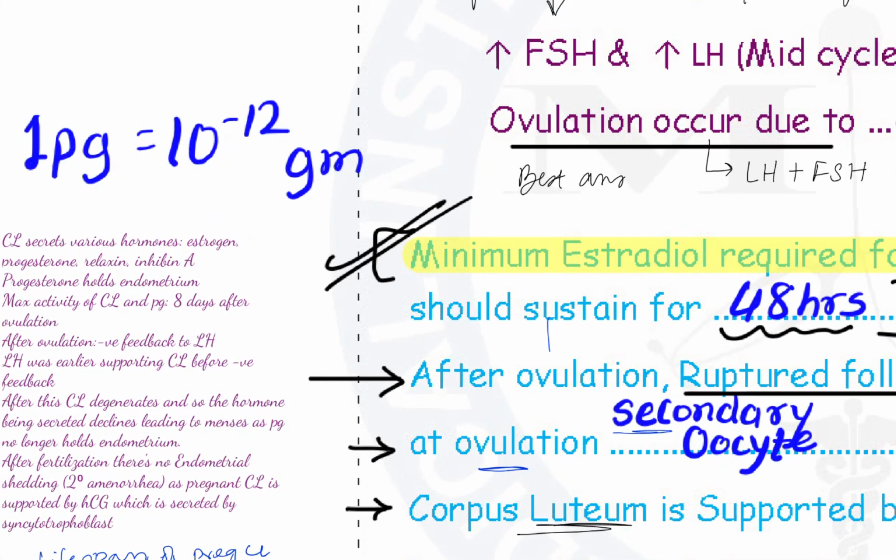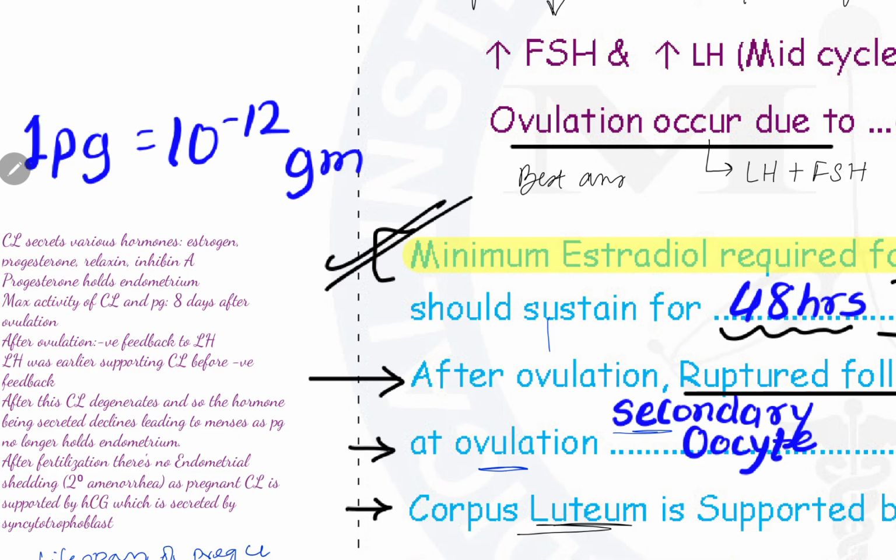Let's read this out. Corpus luteum secretes various hormones which are estrogen, progesterone, relaxin, inhibin A. Progesterone holds the endometrium, right? We all know that. Maximum activity of corpus luteum and progesterone is till 8 days after ovulation. We already discussed this. After ovulation, there is a negative feedback to LH from progesterone. LH was earlier supporting corpus luteum before negative feedback.